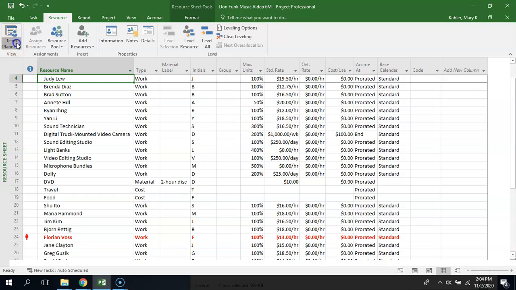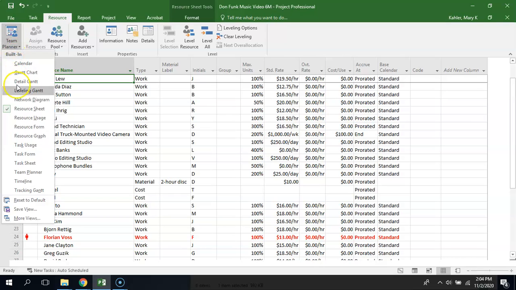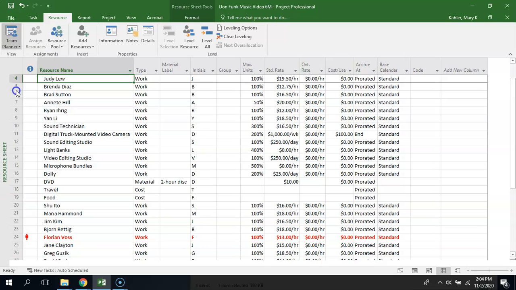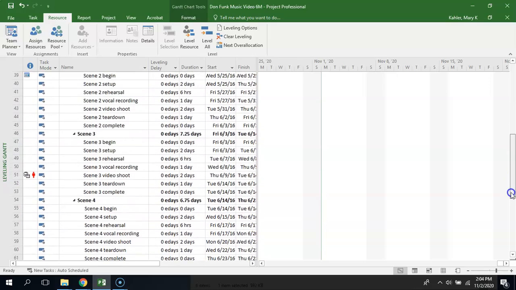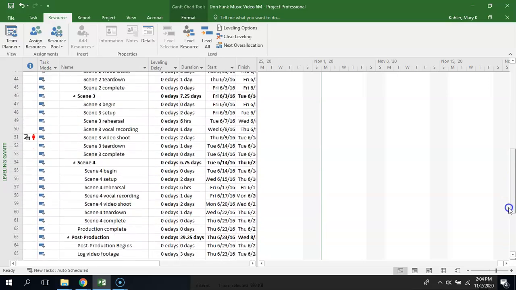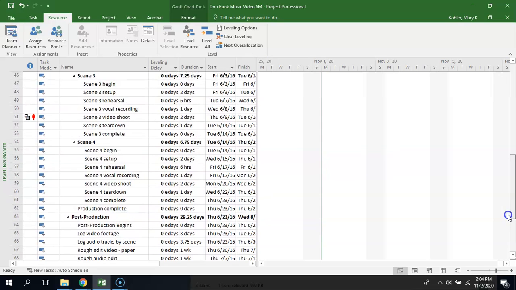So we want to go back to that leveling Gantt, which is what we had partially open before, because we still want to check out what these other issues are. So we're going to go to the little Views drop down and go to Leveling Gantt. And we want to go down to the first, well, not the first, the second.